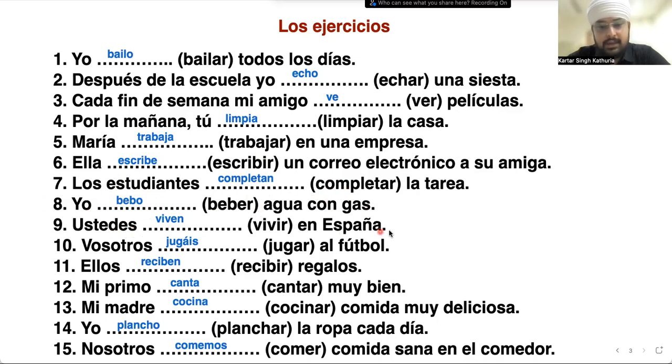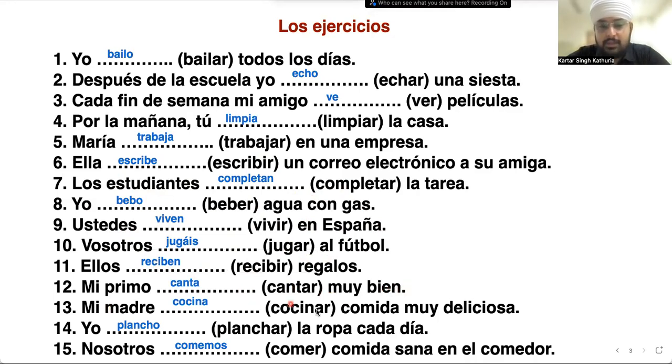Ustedes viven en España. You all live in Spain. Viven. Vosotros jugáis al fútbol. Jugar, to play. You all play football. Recibir, to receive. Ellos reciben los regalos. They receive gifts. Mi primo canta muy bien. My cousin sings very well.